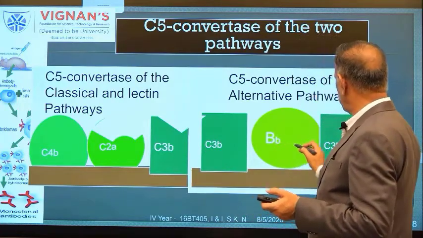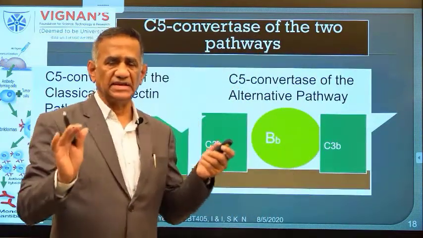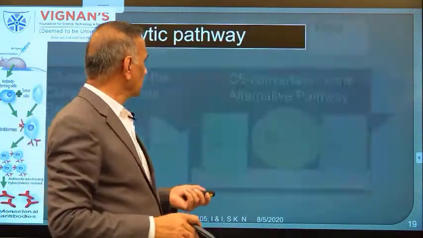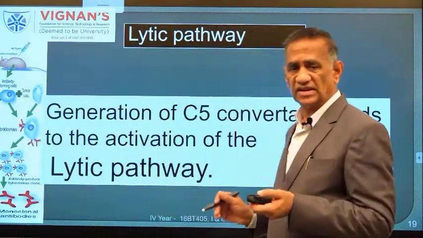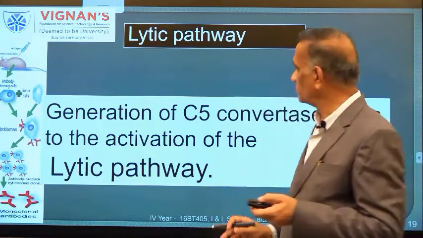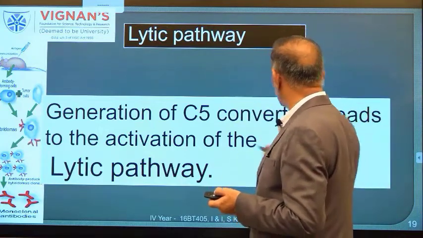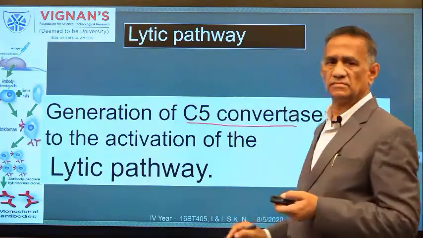Again it becomes Bb and C3b, which is again the C5 convertase. So both terminate at C5 convertase. Now let us see the lytic pathway. It is most interesting, where we will see the formation of perforin molecules. The lytic pathway starts from C5 convertase.